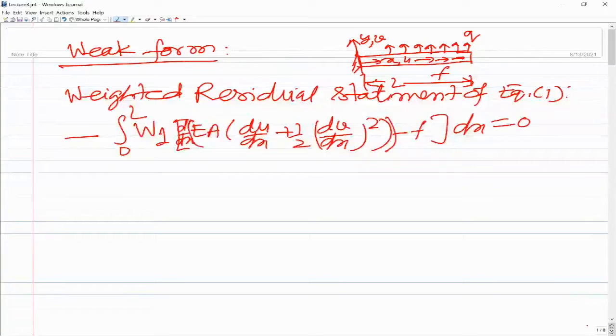In this case, again, we want to distribute the derivatives. So the weak form for this equation would be, we do the integration by parts for the first term.